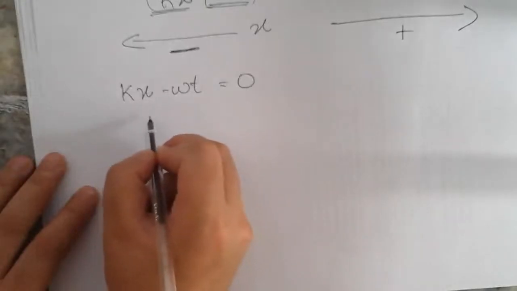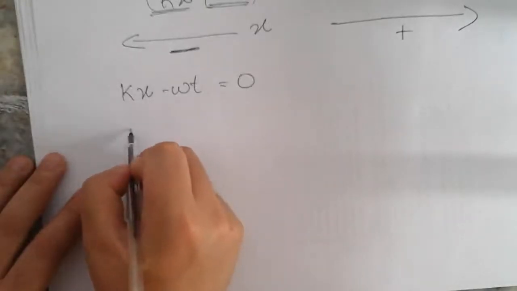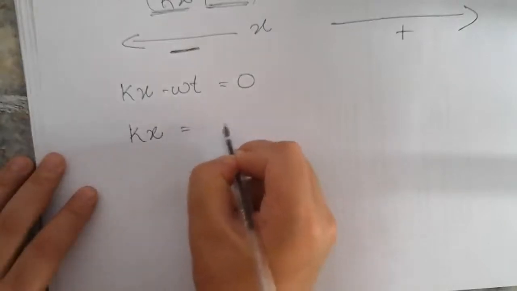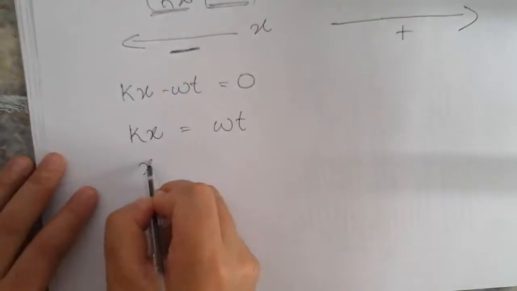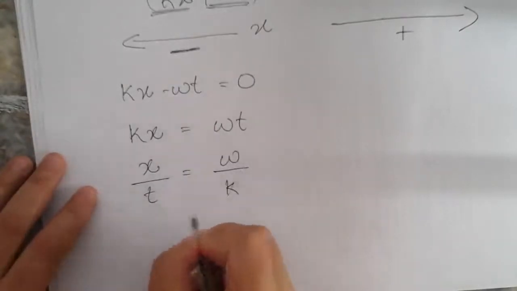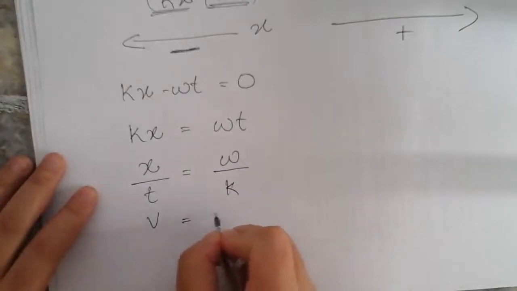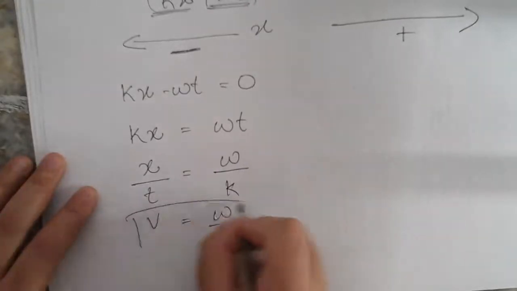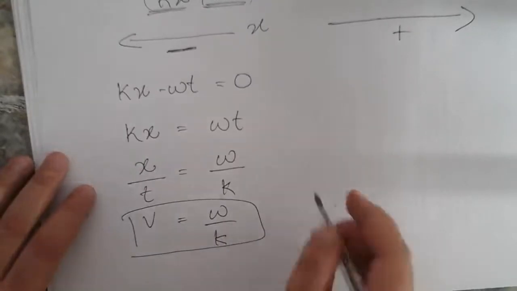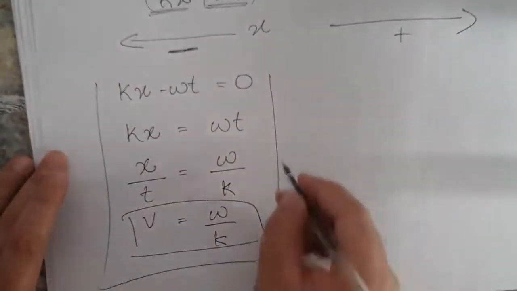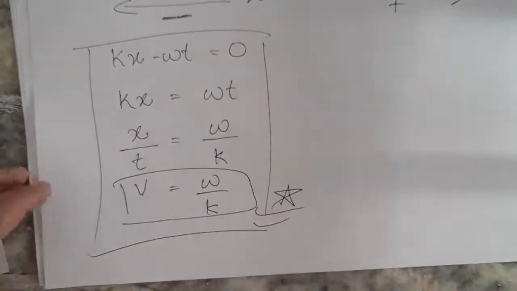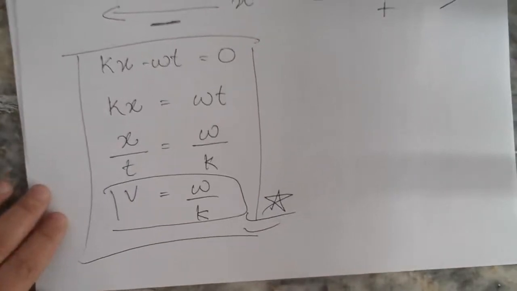We can also find the value of omega over k: kx is equal to omega t, x over t is equal to omega over k. So x over t is speed, omega over k. This is also another formula for speed, and in this way you can find the relation from this equation.